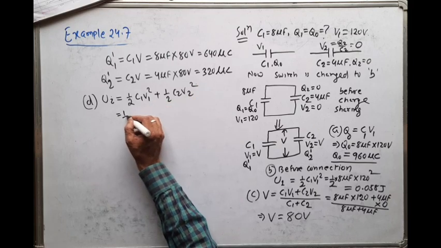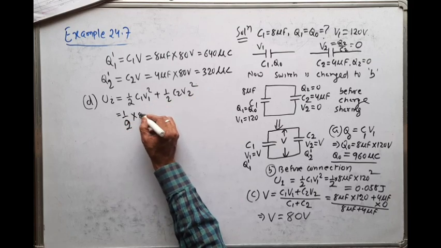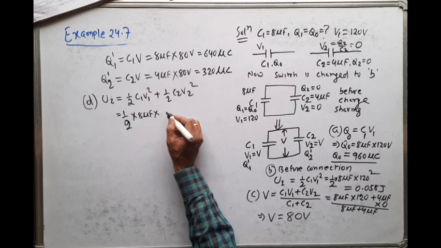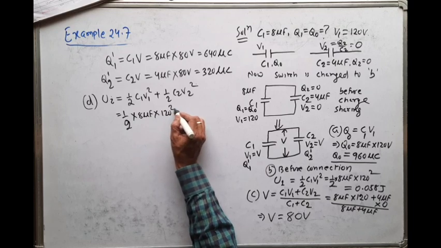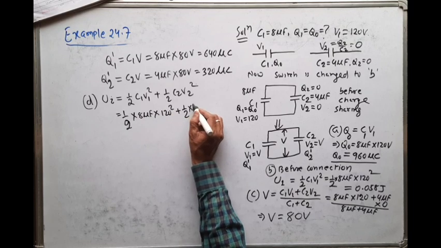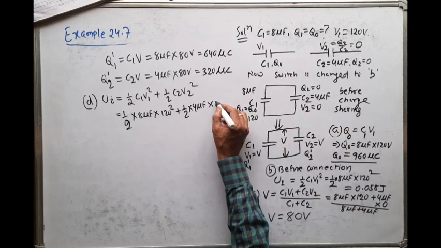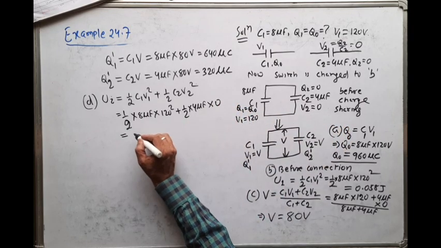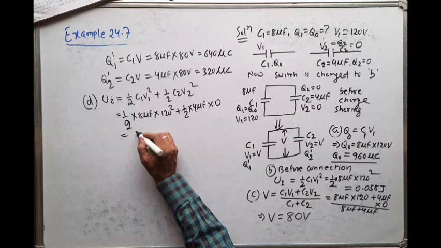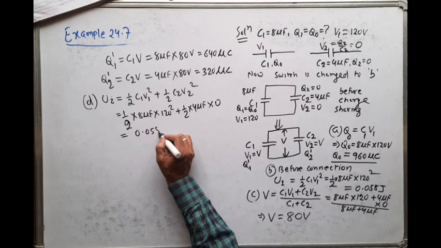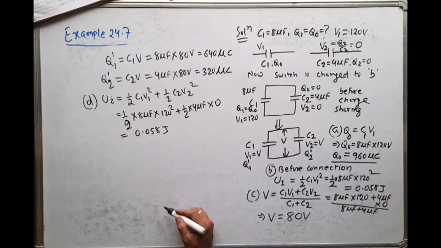That is equal to half C1, 8 microfarad, into V1, which is 120 square, plus half C2, 4 microfarad, into initial voltage, which was 0. Now calculate this. If you calculate, you will get 0.058 joule. So this is the initial energy.